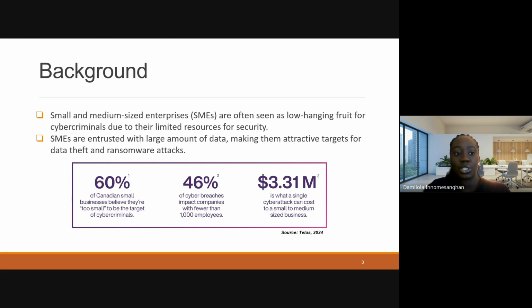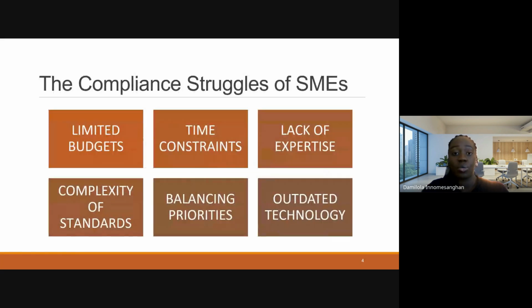And this begs the question of why small and medium-sized enterprises struggle, or what exactly is the reason why they struggle with compliance. As mentioned earlier, some of the reasons are the limited budget that they have.